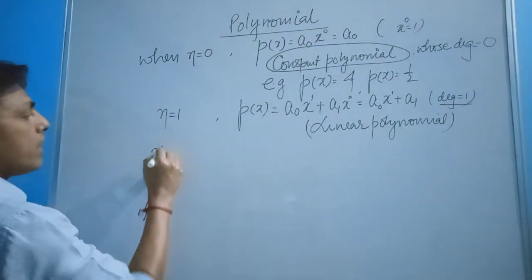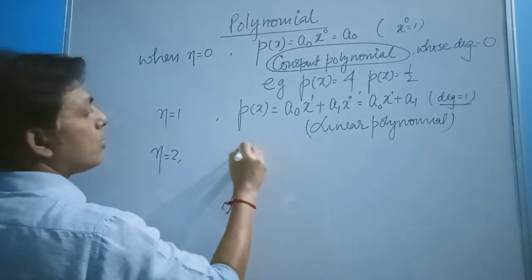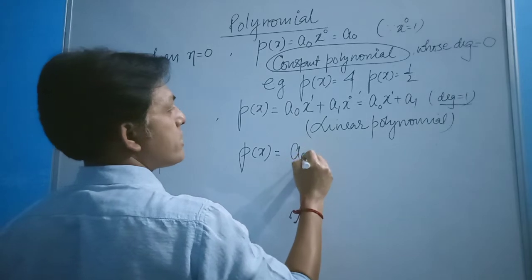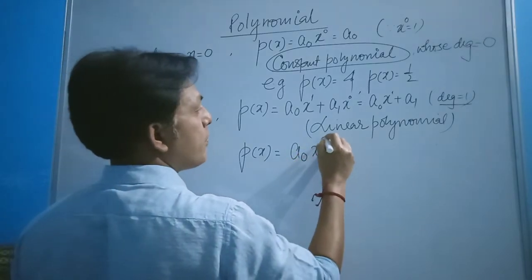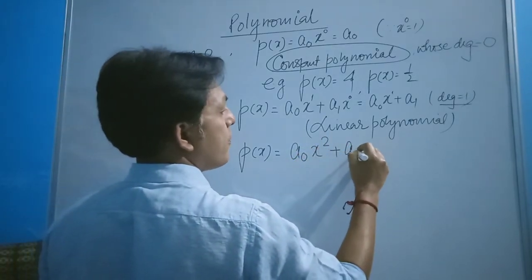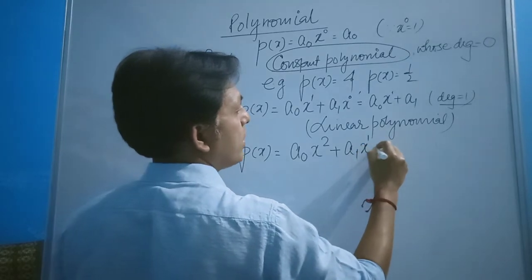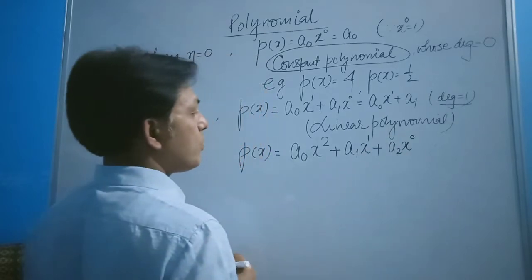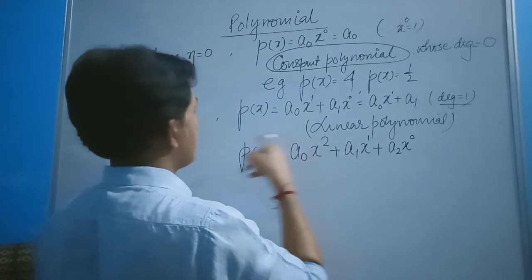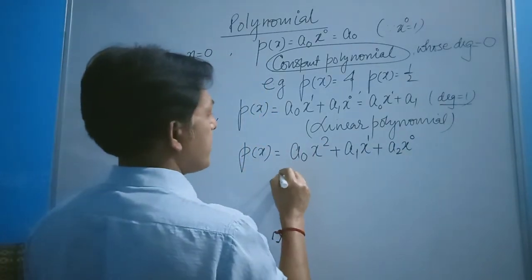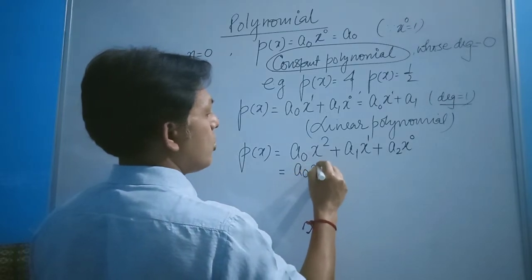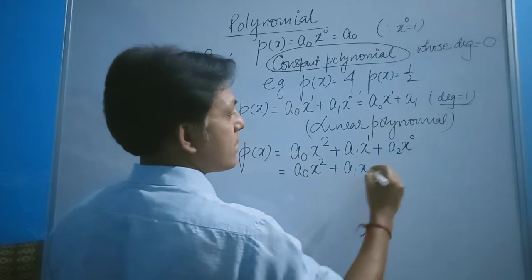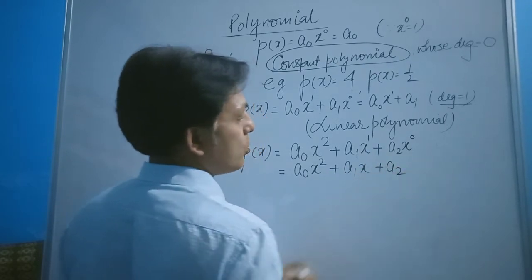Next, n is equal to 2. Px is equal to a0 x to the power 2 plus a1 x to the power 1 plus a2 x to the power 0. All n becomes 2 now. So after simplification, it will be a0 x square plus a1 x plus a2.